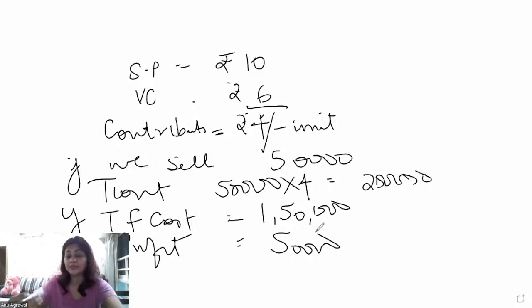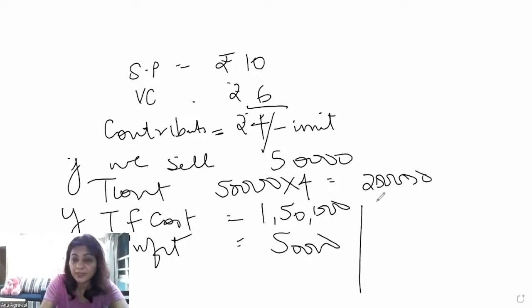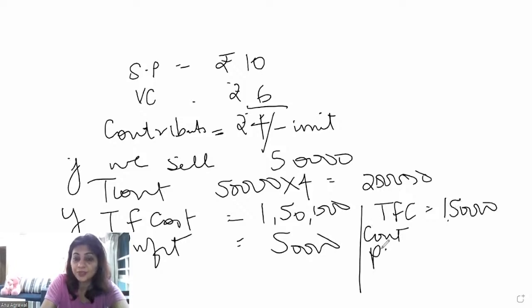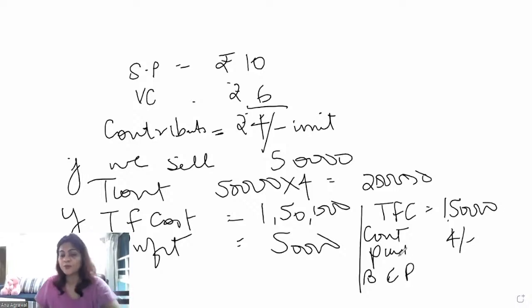I could have done it like this also, that, okay, if my total fixed cost is 1,50,000 and I am getting a contribution per unit of 4 rupees, that means at what units I will be earning no profit, no loss.